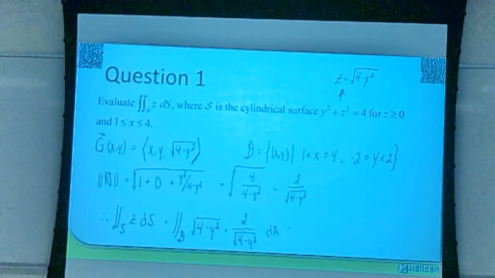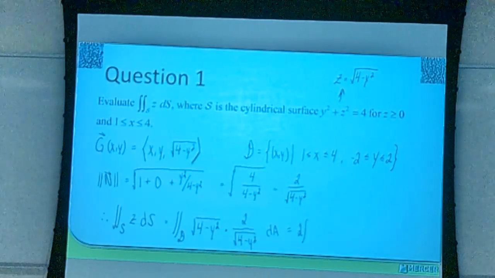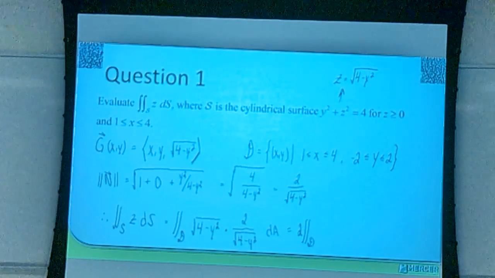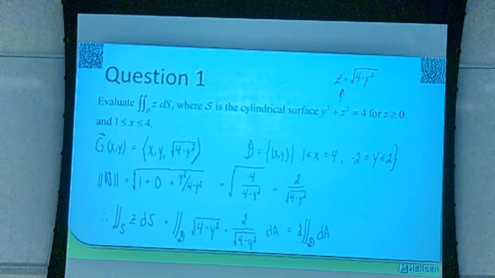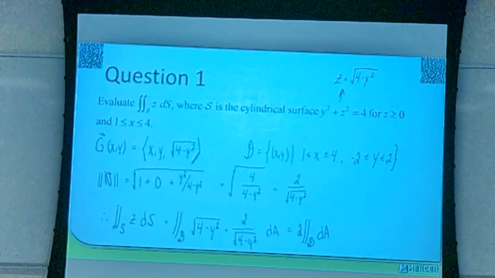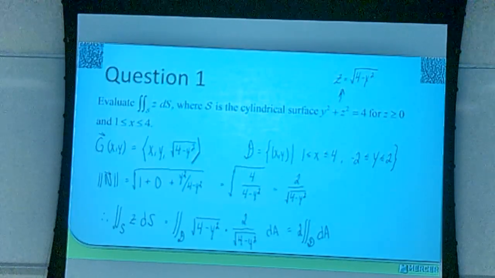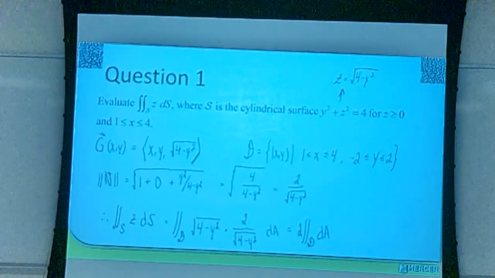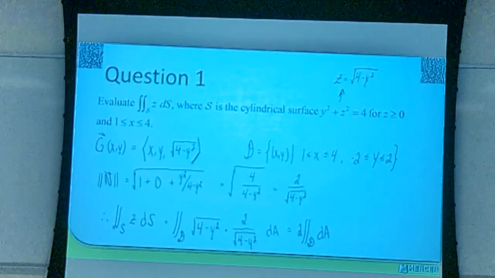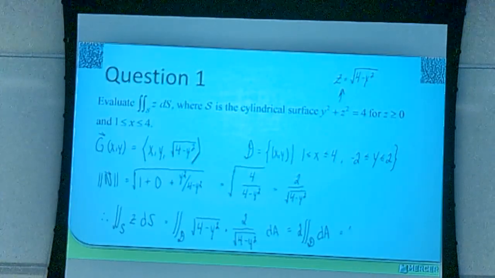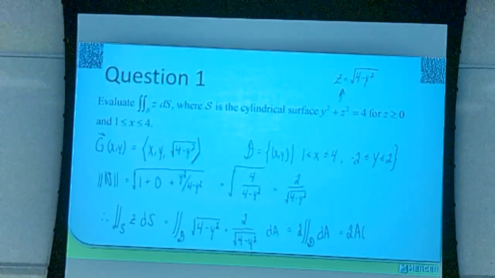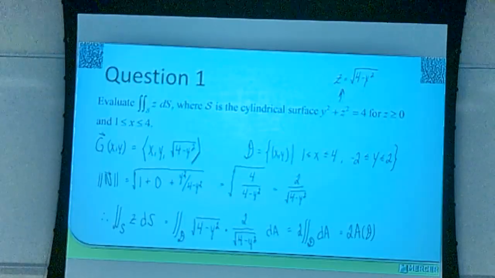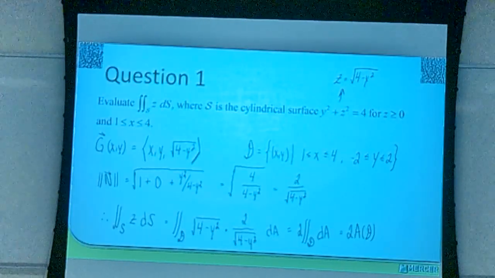Oh, but isn't that going to be just 2 times this double integral? What does a double integral represent? That's just the area of our region.